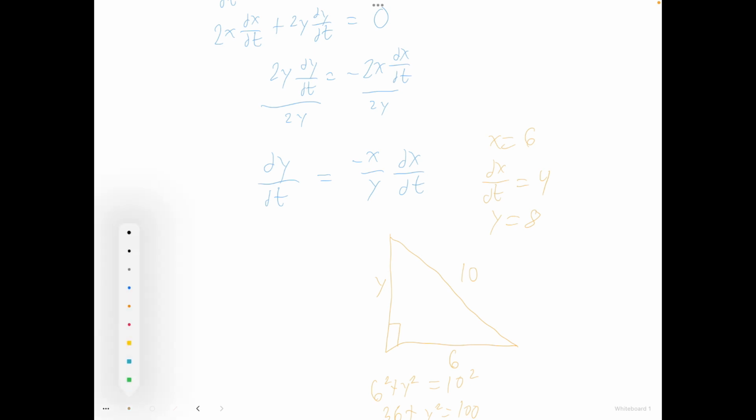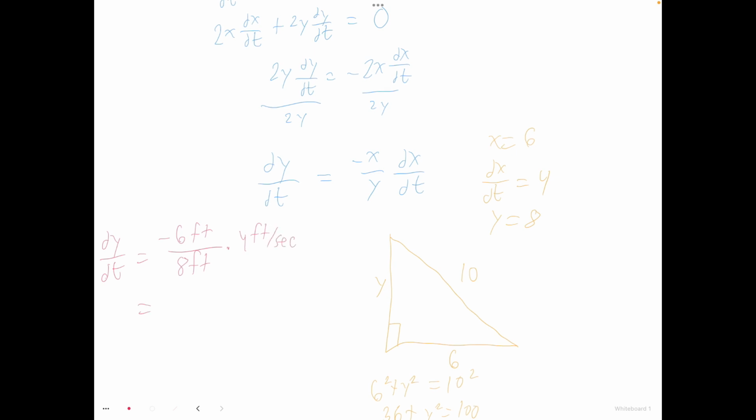So now we can plug in our known information to get dy over dt. Now x is going to be negative 6. We're going to have negative x, so negative 6, and that's in feet, divided by y, which is 8 feet, times dx over dt, which is 4 feet per second.